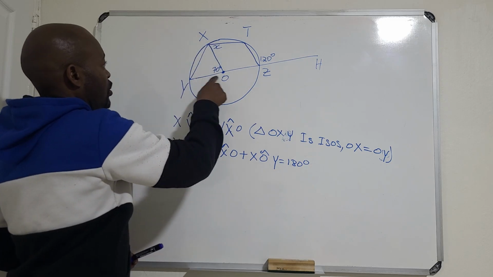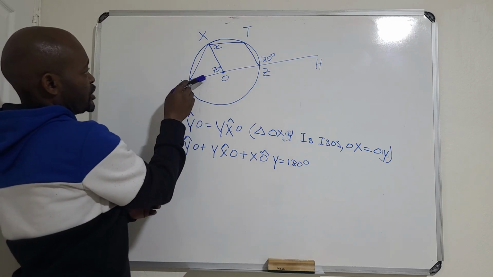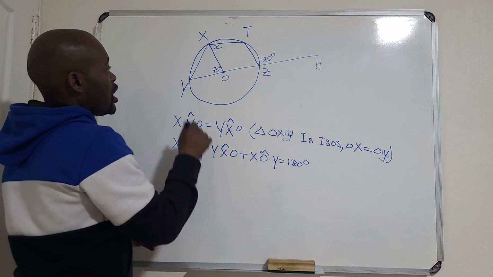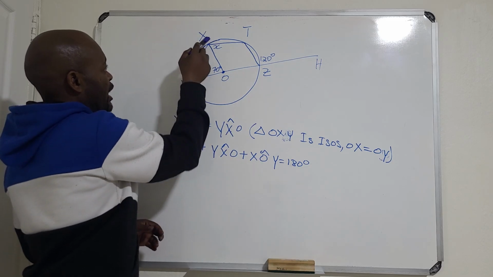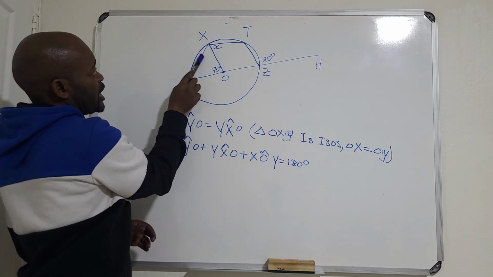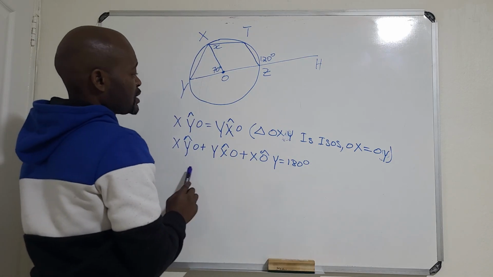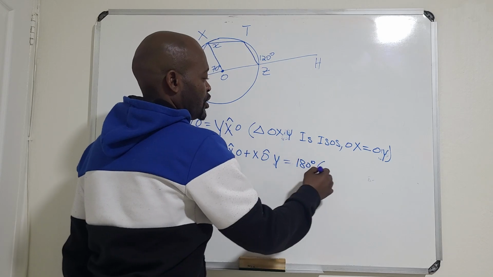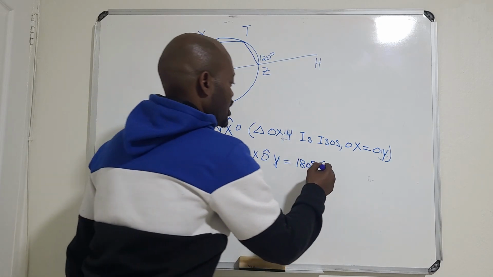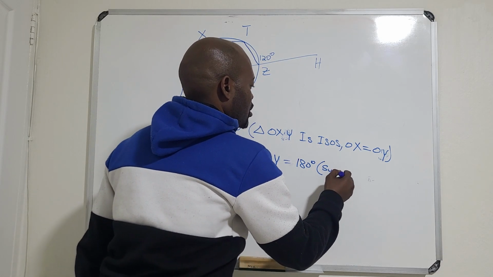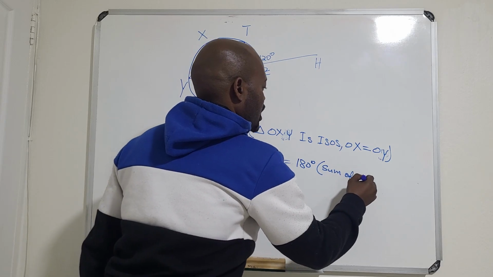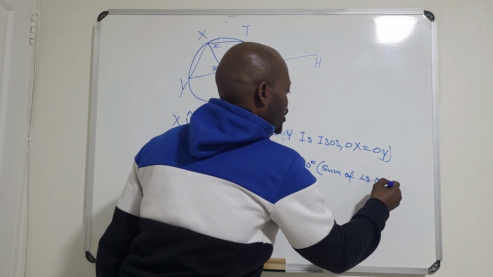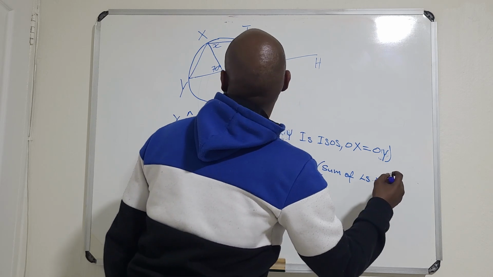Angle XYO is this angle there, plus angle YXO, which is this angle there, plus angle XOY is equal to 180 degrees. Reason: sum of angles on a triangle XOY.